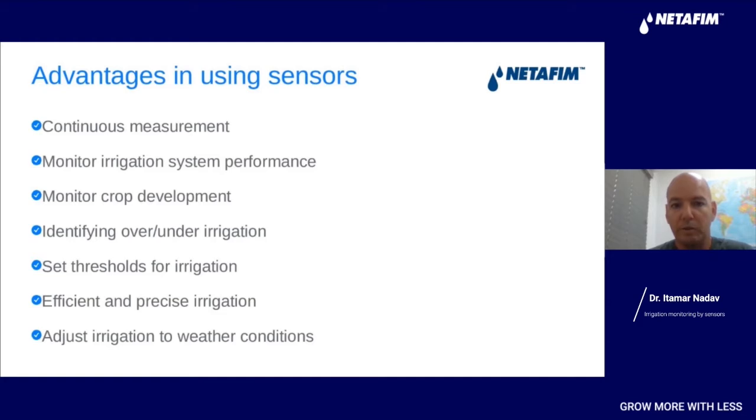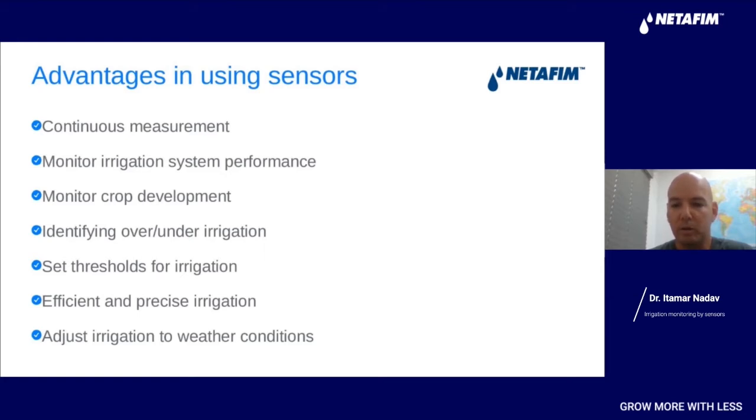There are a lot of advantages in using soil sensors, plant sensors and all sorts of sensors. We can get continuous measurements, and not just when we visit the field. It's continuous, 24/7. We can monitor the irrigation system performance to see if we actually applied what we intended to do.